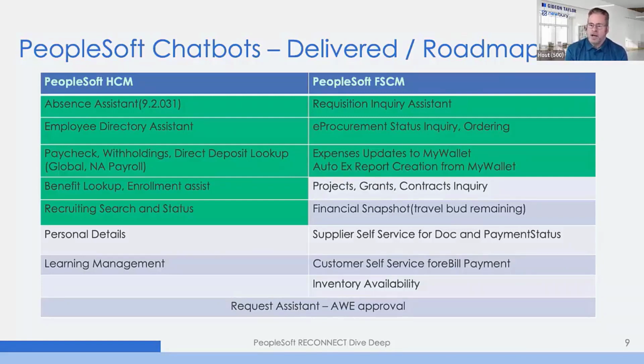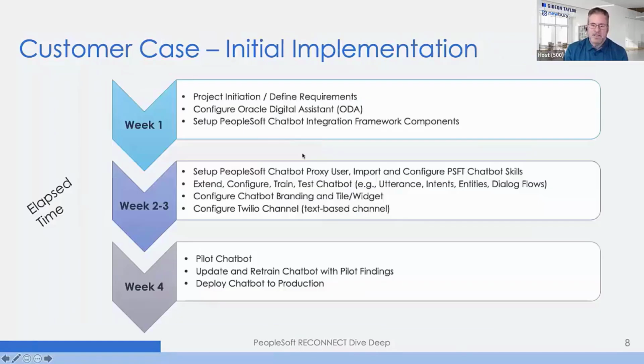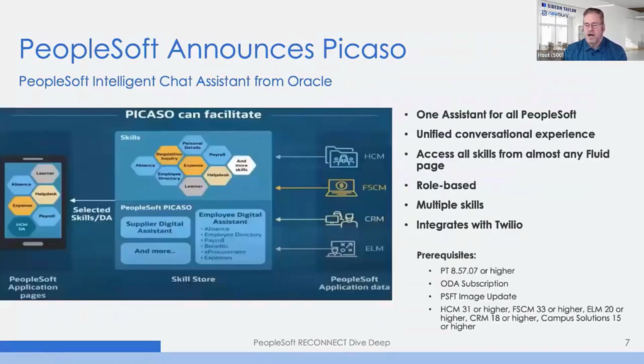For Picasso, I see, Dawn, you just asked about image 37. Picasso is dependent on each delivered PUM image, but essentially, let's say you're on HCM 31 or higher, or FSCM 33 or higher, once you have those bots, you can take Picasso, which was released more recently, and incorporate it into your image 31, and Picasso will work with those delivered bots.